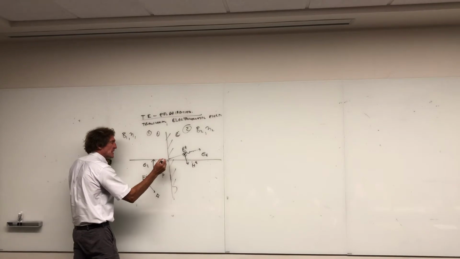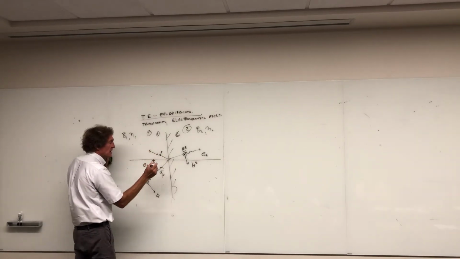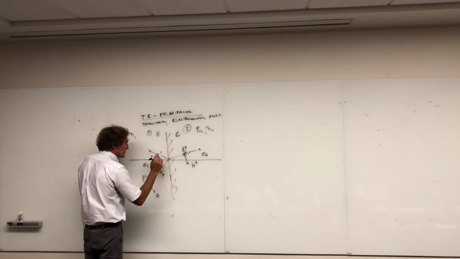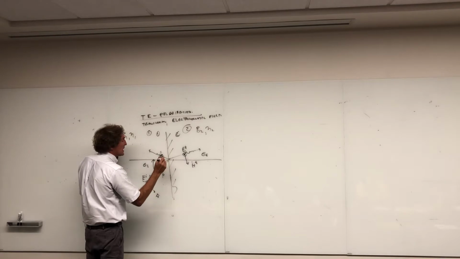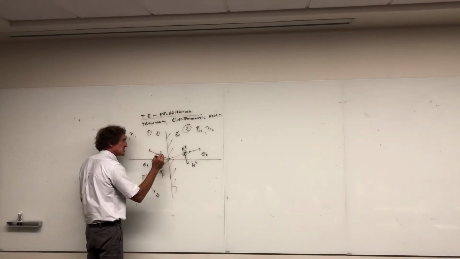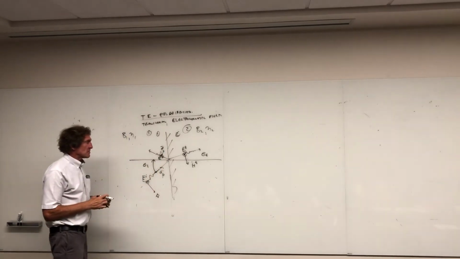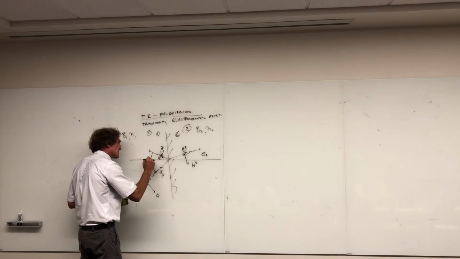Then there will be a reflected field, propagating this way, and I better do it this way. This will be E reflected. And if you look at this, E crossed into H is the direction of propagation that way, so H will be this way, H reflected. His book does a better job, and there'll be an angle of reflection too.